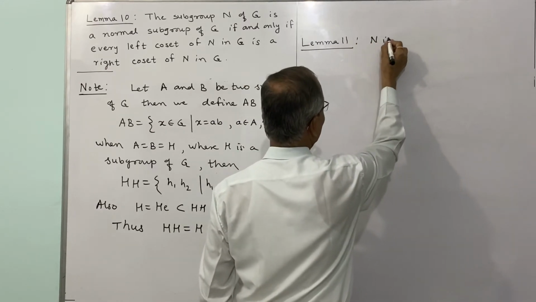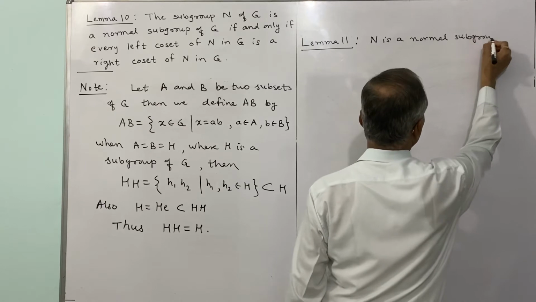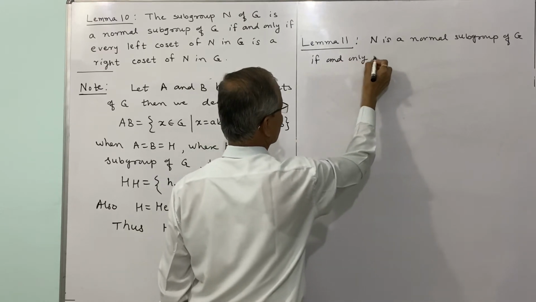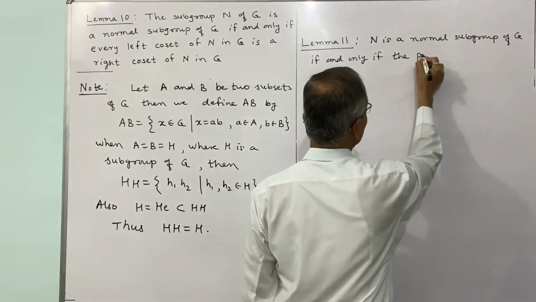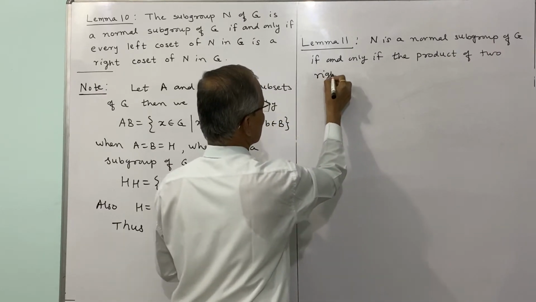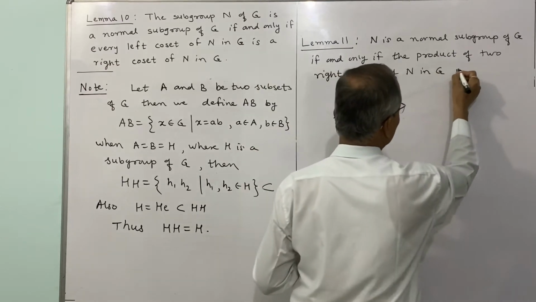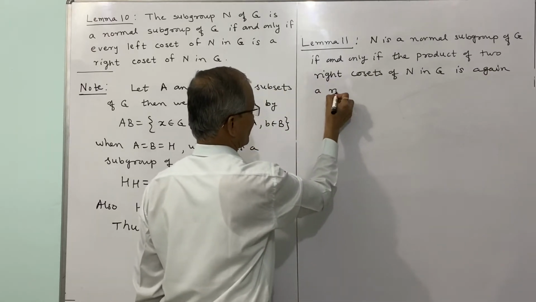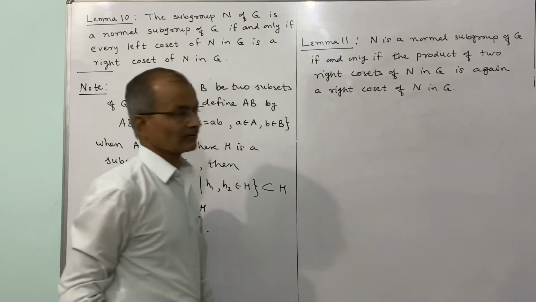N is a normal subgroup of G if and only if the product of two right cosets of N in G is again a right coset of N in G. So this is our next result.